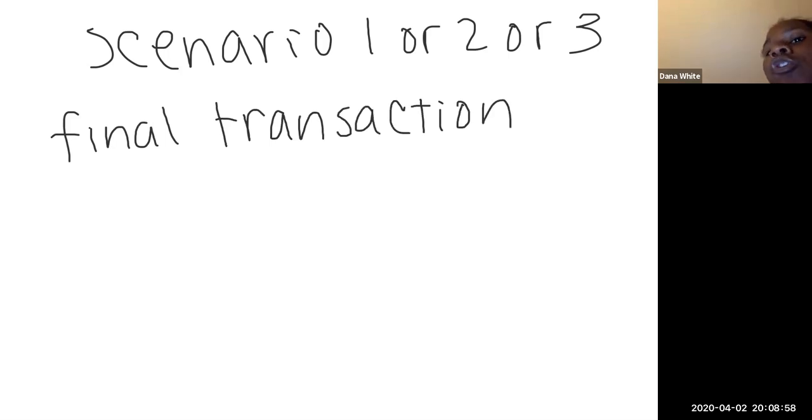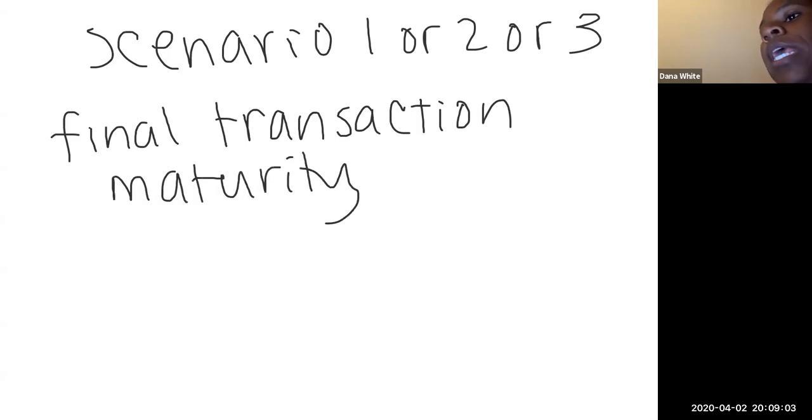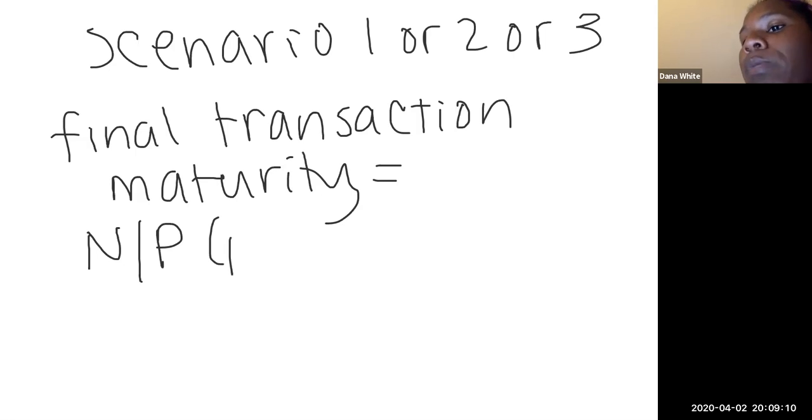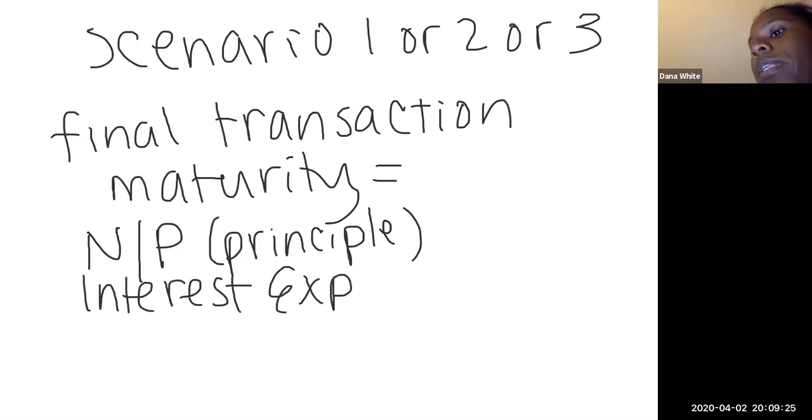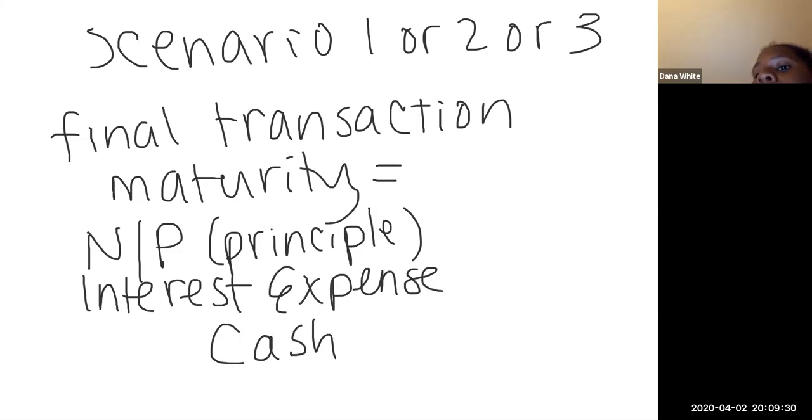The final transaction at maturity, meaning whenever this note is due, is going to be a debit to notes payable because you're paying off the loan, also known as principal. You have another debit, which is interest expense. Remember, expenses are debits. And then your credit is going to be cash. Okay, so hopefully that makes sense to you.